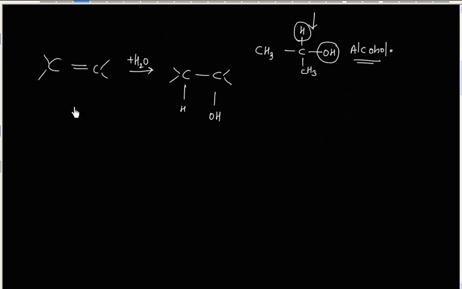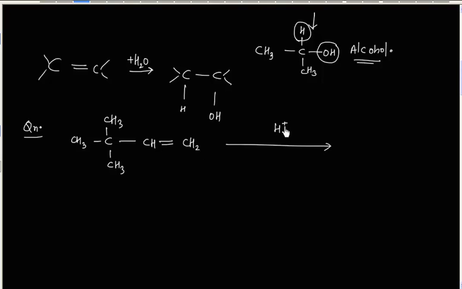Now let us try this problem. Now if this compound is treated with H plus in the presence of H2O, this is again hydration of alkene, and the final product will be alcohol. You have to write a structure of the product.